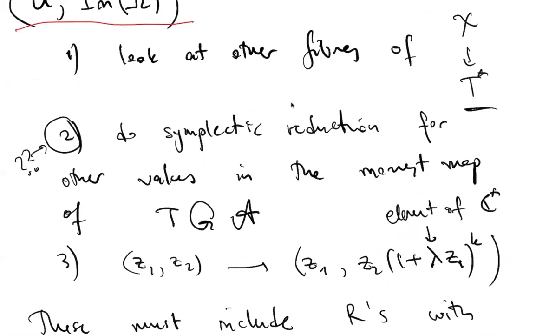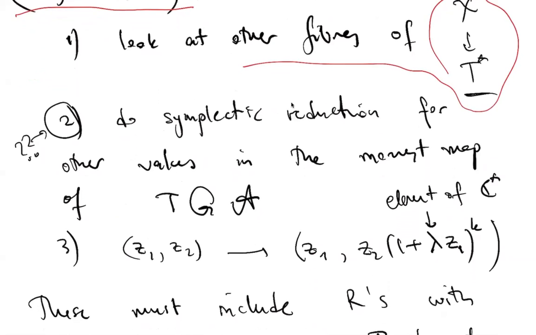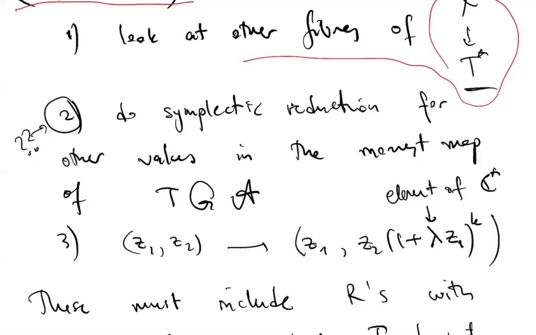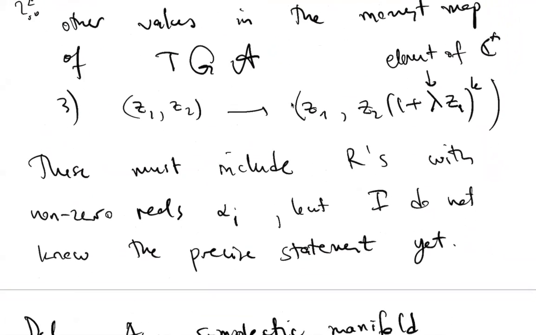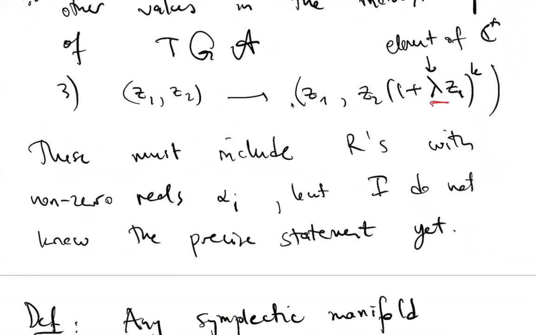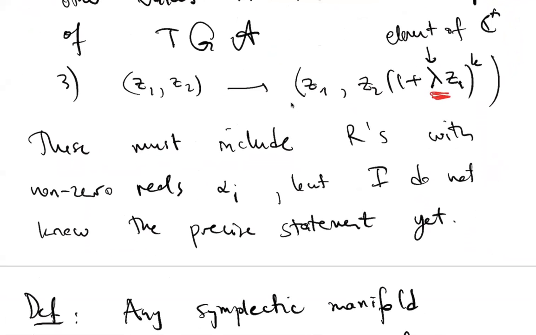We can look at other fibers, other symplectic leaves of the cluster variety, and do symplectic reduction for different values of the moment map. I don't really understand how this will work. But more concretely, you can also add some elements of C star into your cluster transformations, and these all deform somehow. I'm just thinking about the symplectic structure.